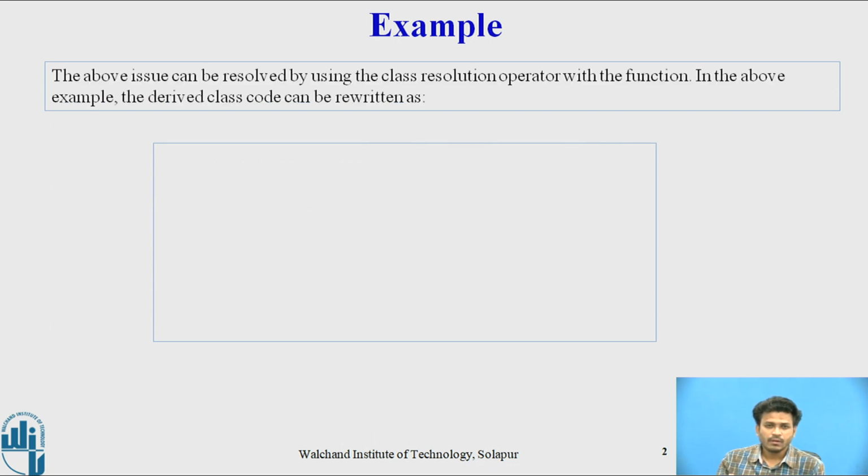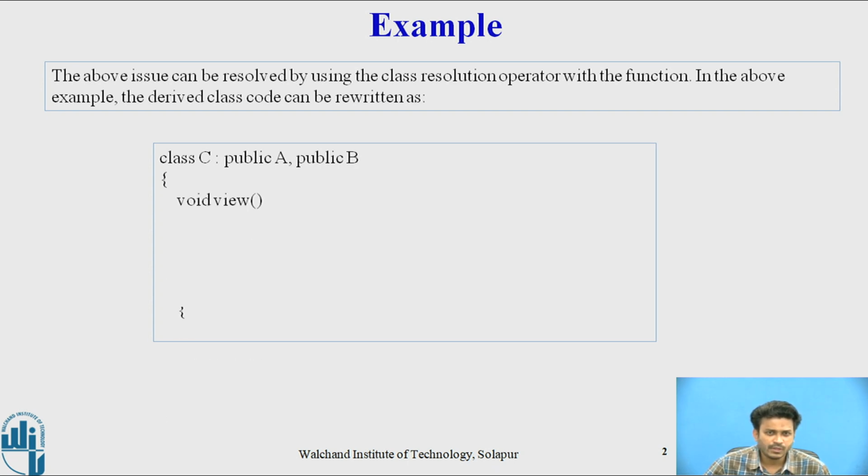See, the above issue can be resolved by using the class name resolution operator with the function. Means in the above example, the derived class code can be rewritten as follows. This ambiguity can be resolved by specifying the scope resolution operator. Here this class C has public A and public B, right?